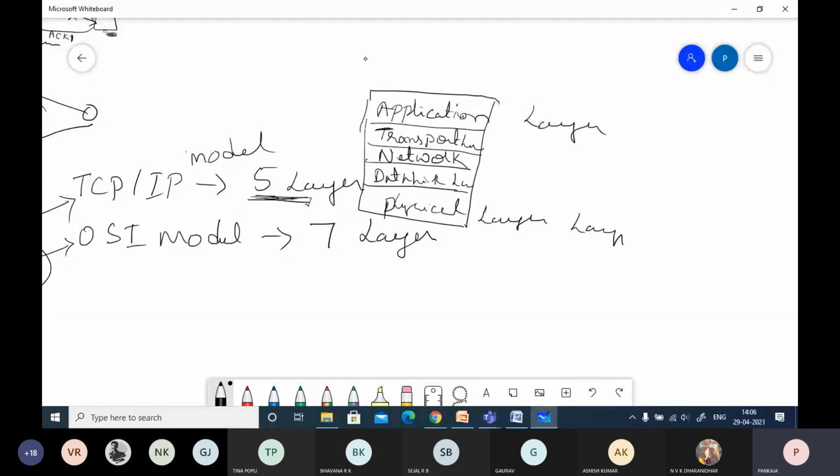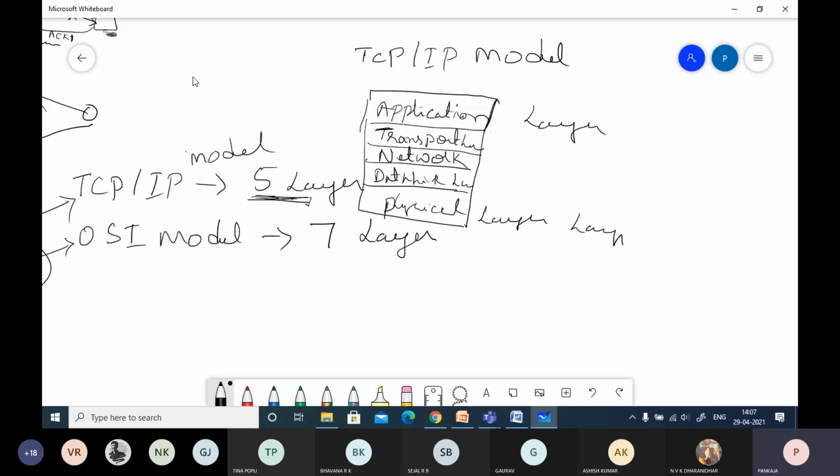This is the TCP/IP model that we are using currently in the network. So what have they done with the two layers? Presentation and session layer were combined into a single application layer.